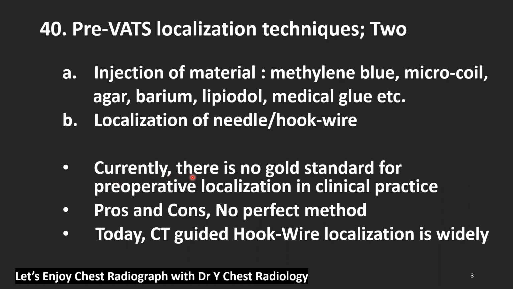Currently, there is no single gold standard for preoperative localization in clinical practice. Every method has its pros and cons, and no single method is perfect. It depends on the doctor's skill or experience. Today, CT-guided hook wire localization is relatively widely used.